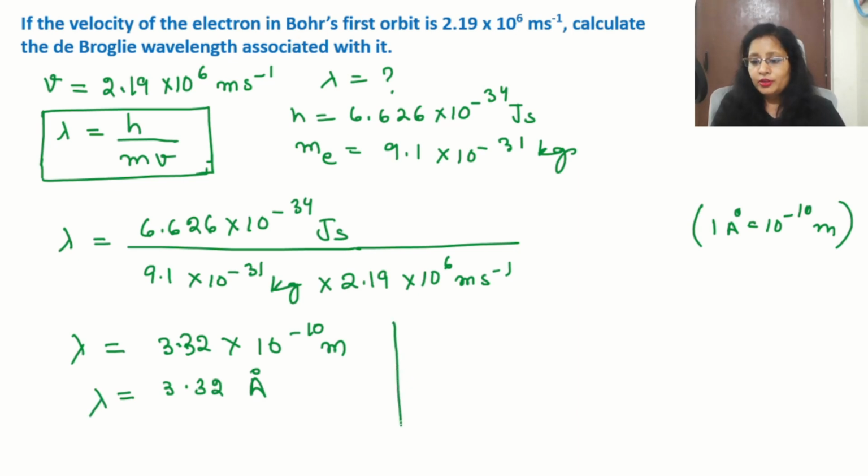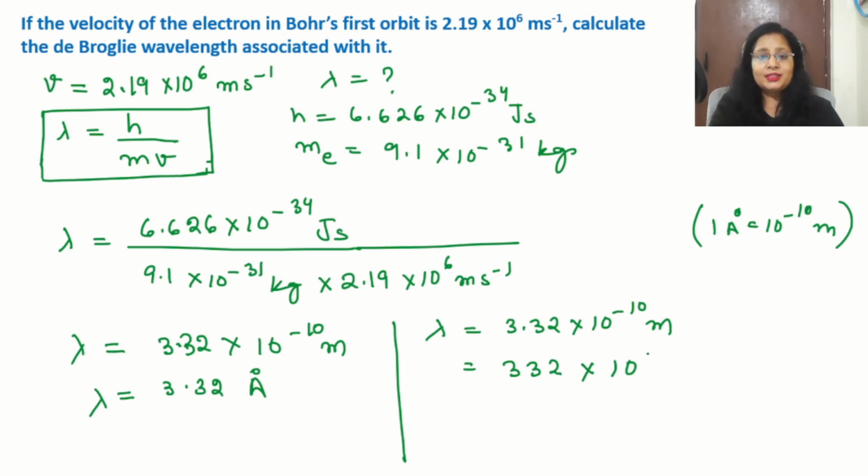Or one more way to mention the answer is, because lambda we got 3.32 into 10 to the power minus 10 meter, if we shift the decimal 2 steps to the right, what will happen? 332 will come into 10 to the power minus 10 which is already there, and 2 steps to the right means minus 2 is added.